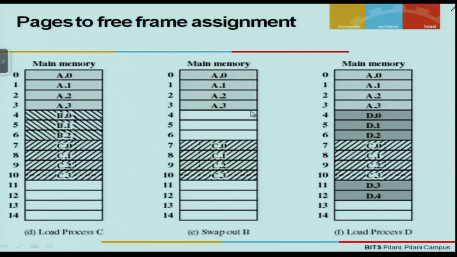There are 3 frames available here, and the remaining frames are available here. So, 3 frames get loaded here and 2 frames get loaded here. We can clearly see that this is how the memory is going to be allocated in a discontiguous manner, and this is why it will lead to a kind of logical to physical address translation.